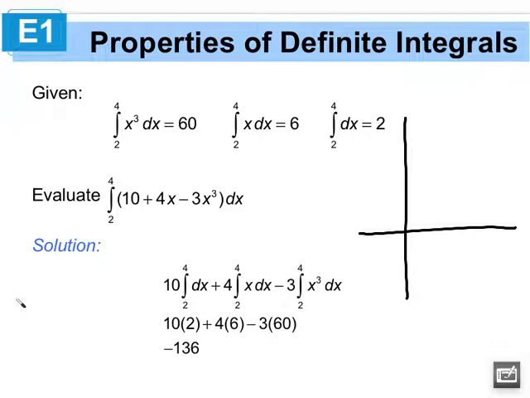What does this function look like? No, just, sorry. And I know I'm not actually covering it up. What does that function look like? It's a straight line at 10. Okay. So what am I asking you to do? I'm asking you to find the area under this curve from 2 to 4.